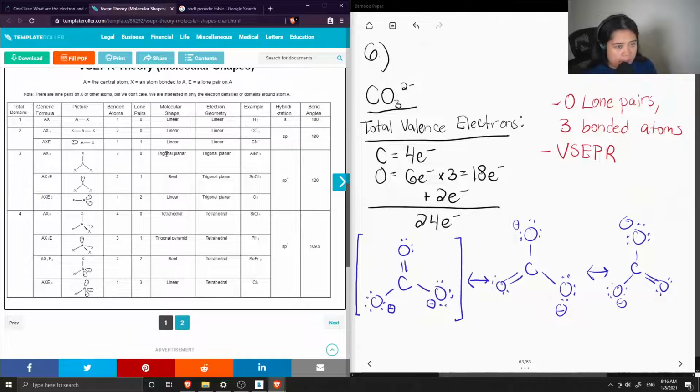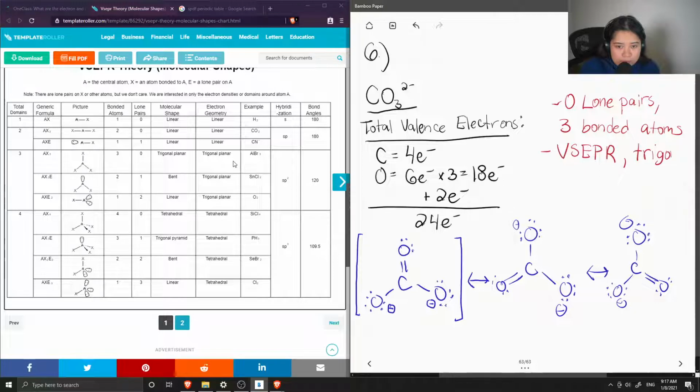So this means our molecular shape and our electron geometry, they're both trigonal planar. And the carbon is sp2 hybridized. And the bond angles are 120 degrees.